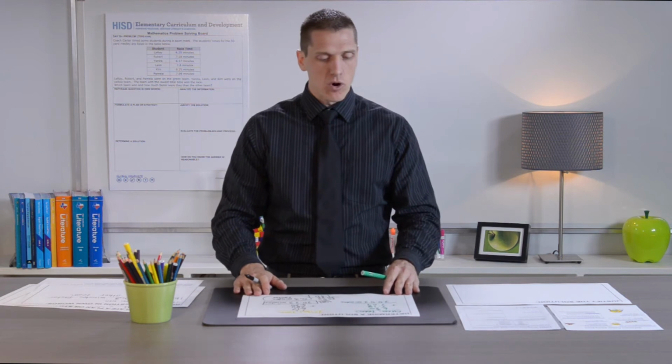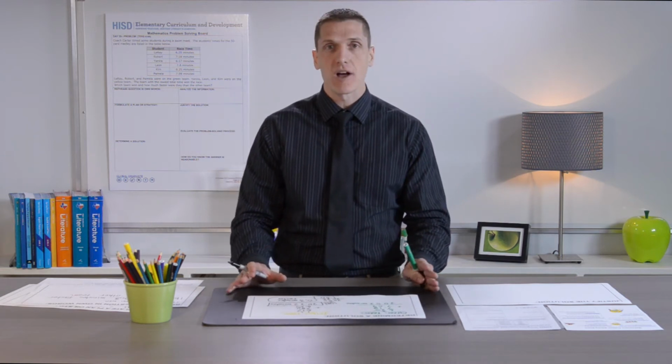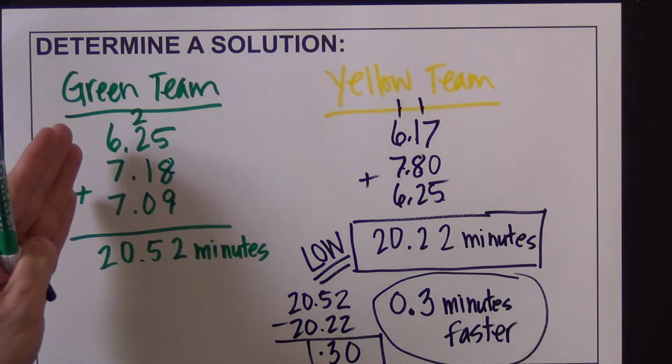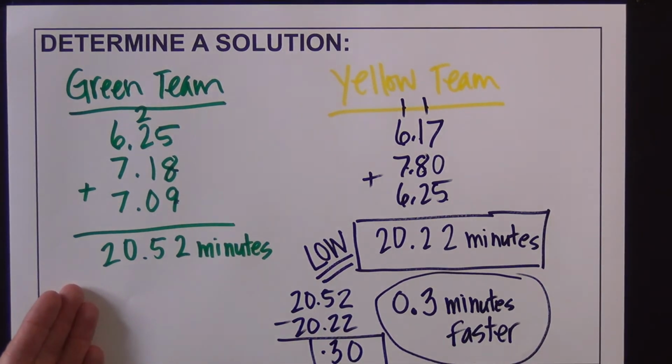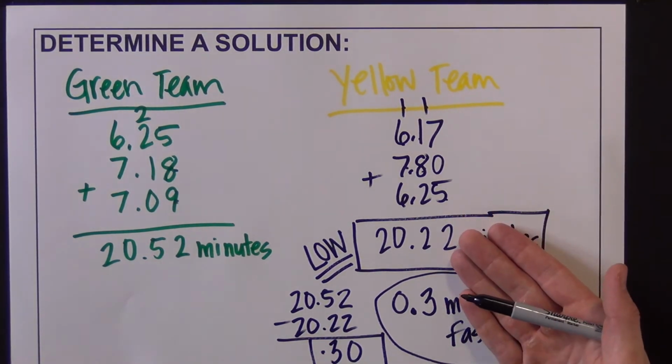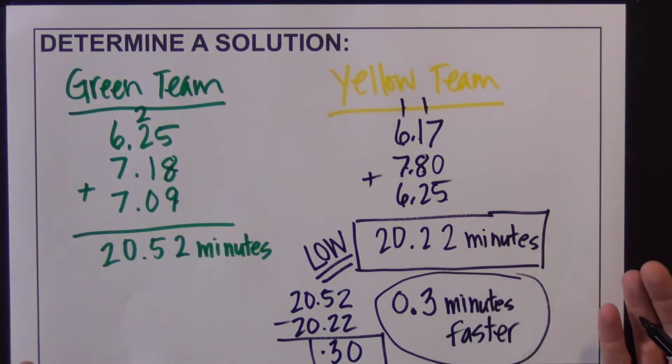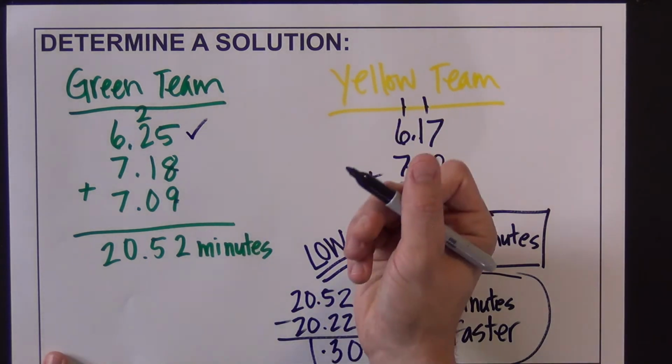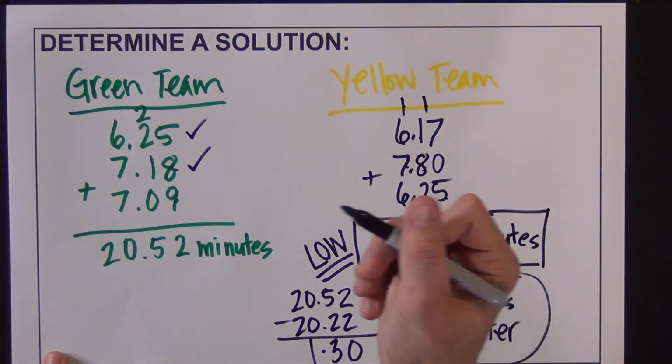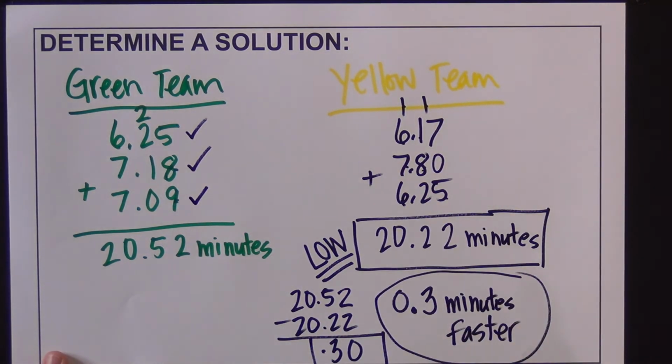I'm going to look at my work again to make sure I followed all of my steps. The green team, I added up those 3 times. The yellow team, I added up those 3 times. It would be very advantageous for me to look and make sure that I wrote down every one of those times correctly. 6 and 25 hundredths, 7 and 18 hundredths, 7 and 9 hundredths for Pamela.